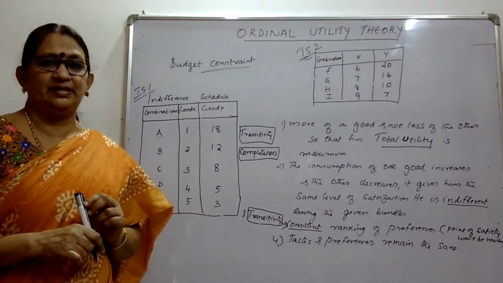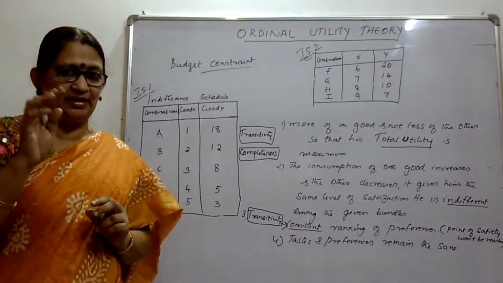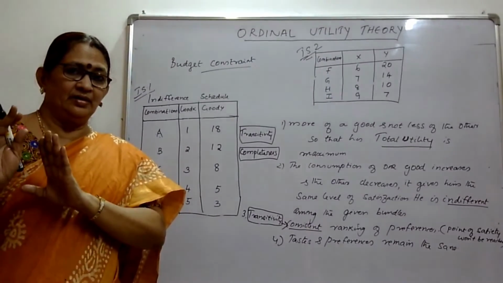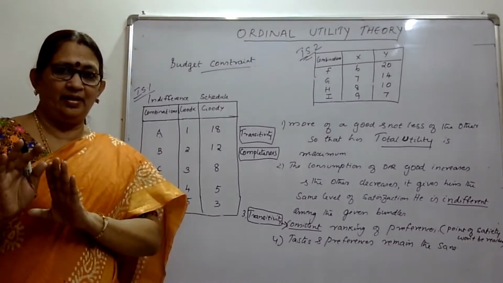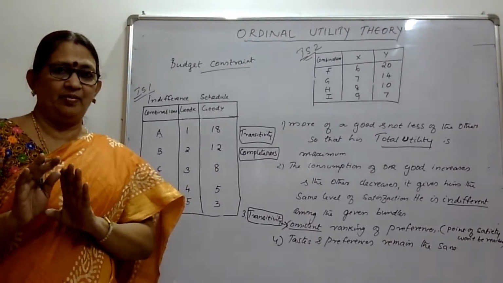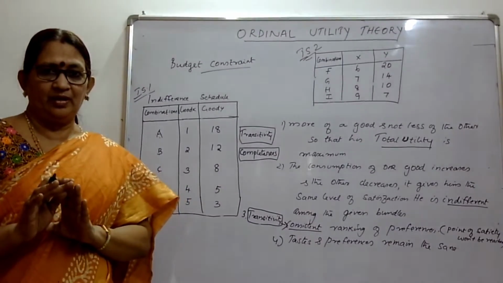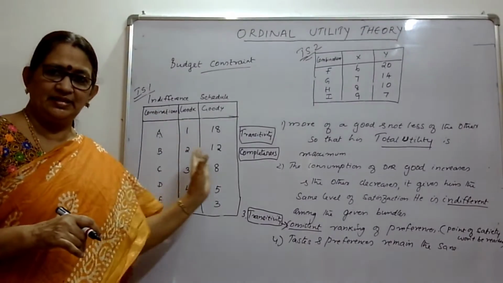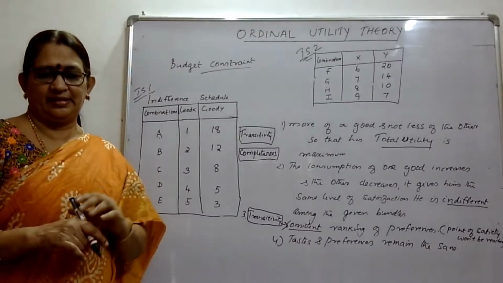So the point of satiety won't be reached. We have seen in cardinal utility theory, maximum satisfaction is attained when total utility is maximum and marginal utility is 0. So that is the point of satiety. That won't be reached because he is consistent in preferring the bundles.